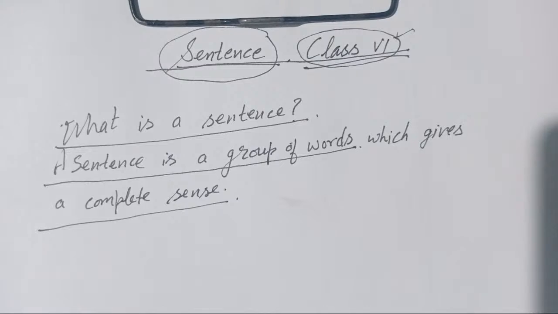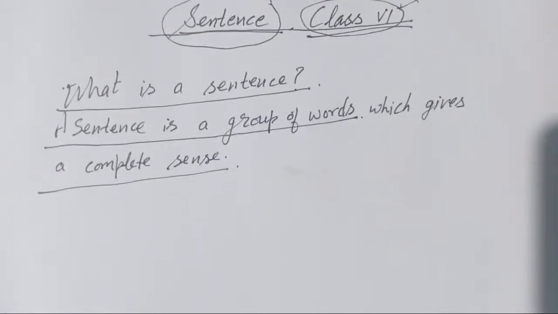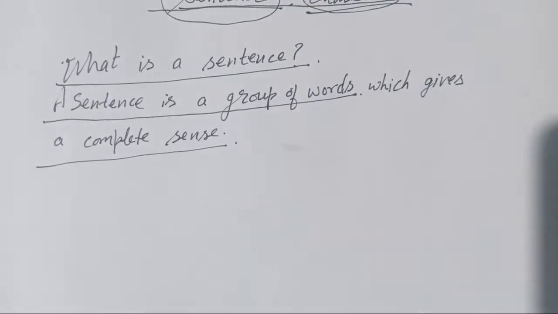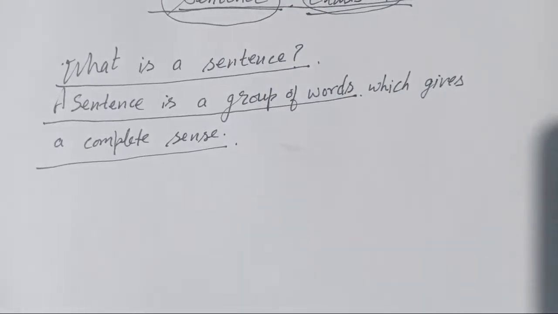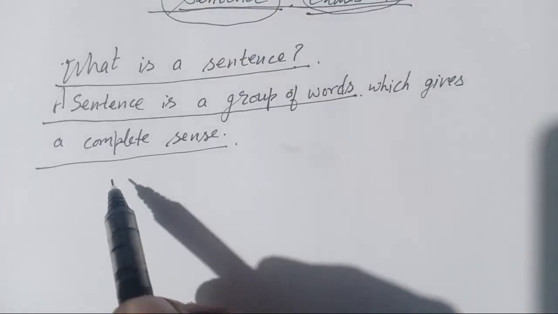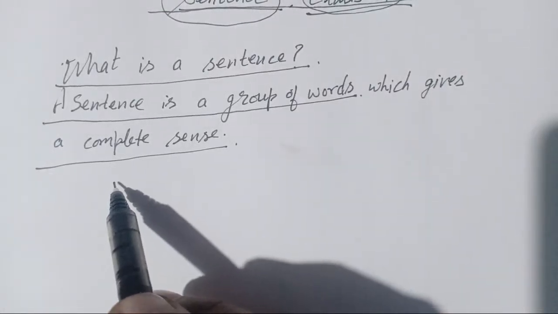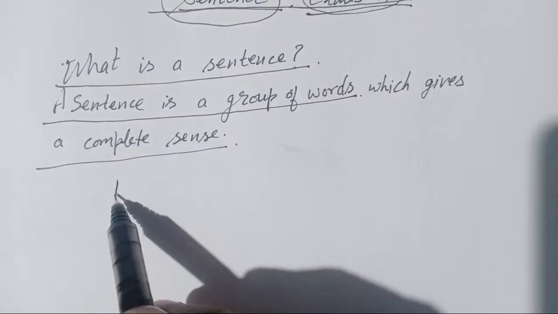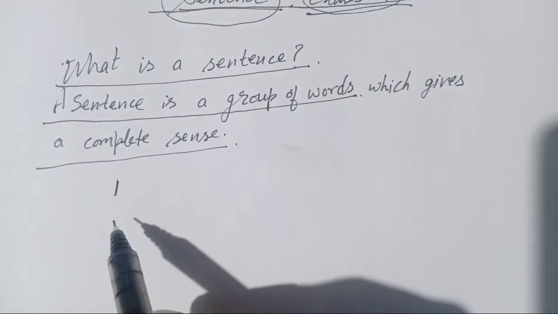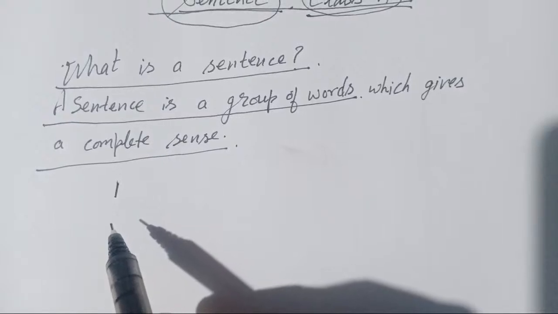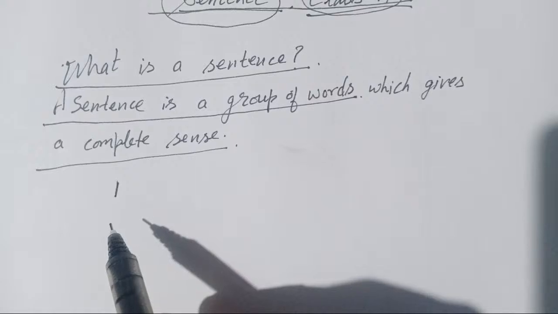Now sometimes students get puzzled with phrase and sentence. The reason: suppose there is a student in the class and the teacher says, stand up. Okay, the student stands up.